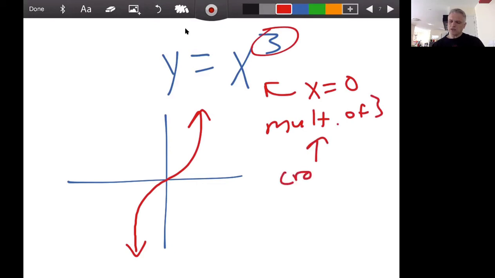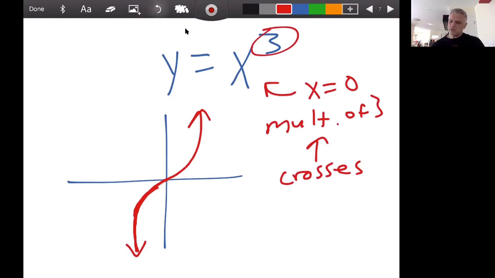It crosses the x-axis, but it doesn't just cross it and keep doing the same thing. I'm concave down here, and now as I touch it, I'm concave up. It's not a turning point. It's an inflection point, right?